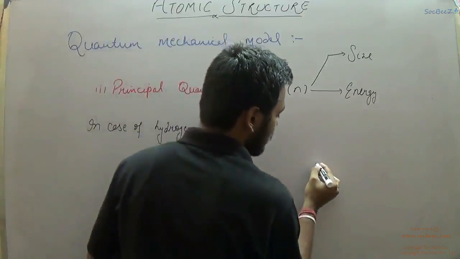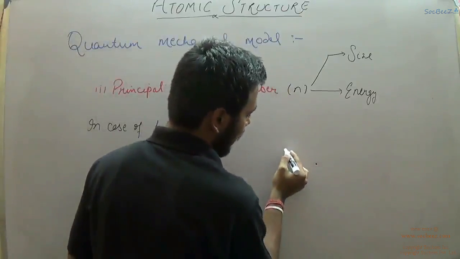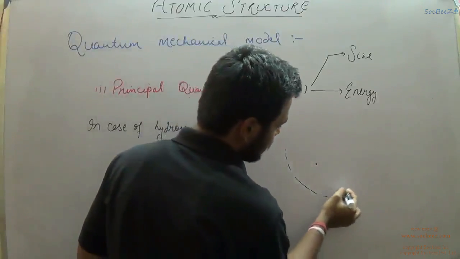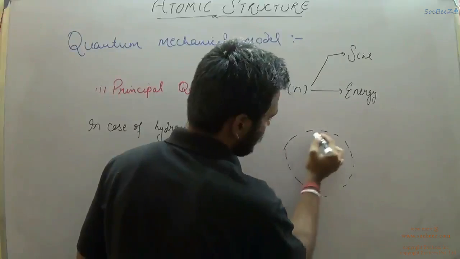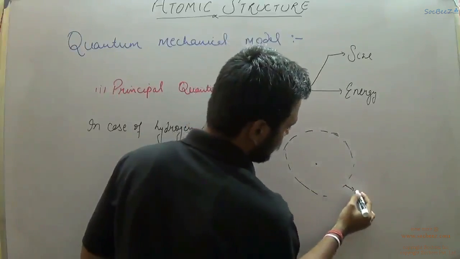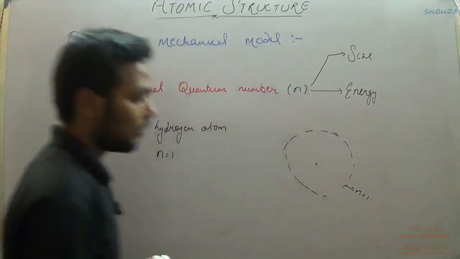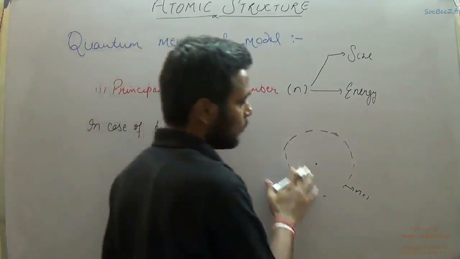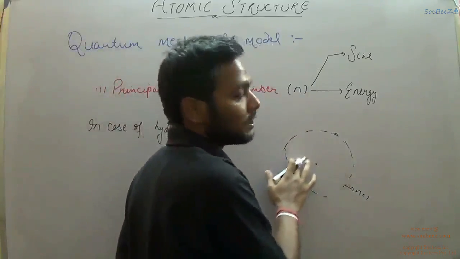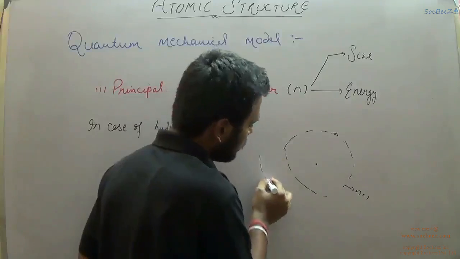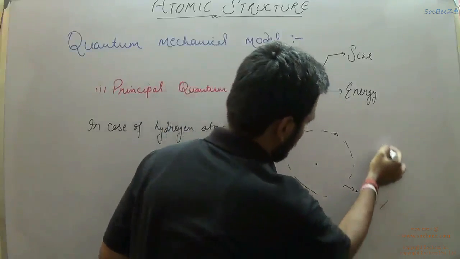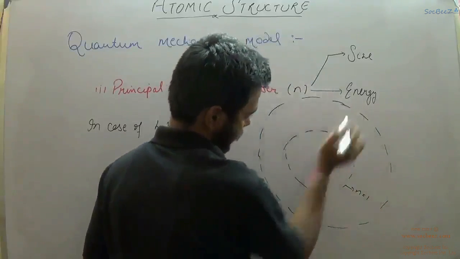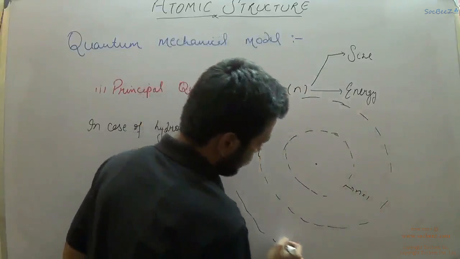Suppose this is the nucleus and this is the first shell, this corresponds to N equals 1. This will tell you how big the atom is. For N equals 2, it will be somewhat here, and for N equals 3, somewhat here.